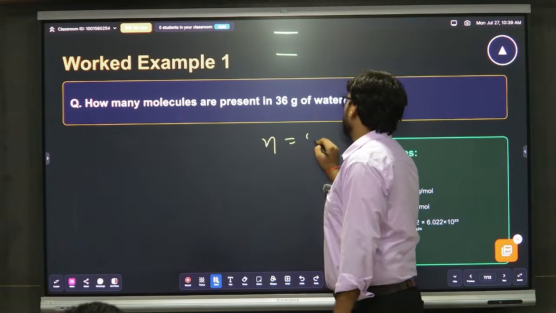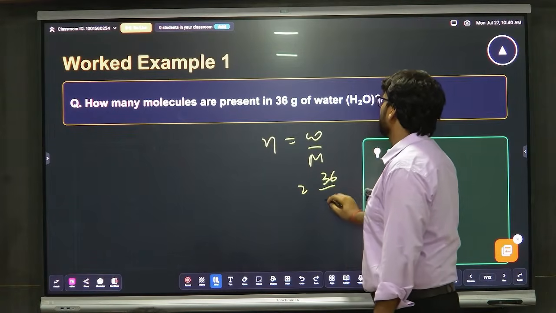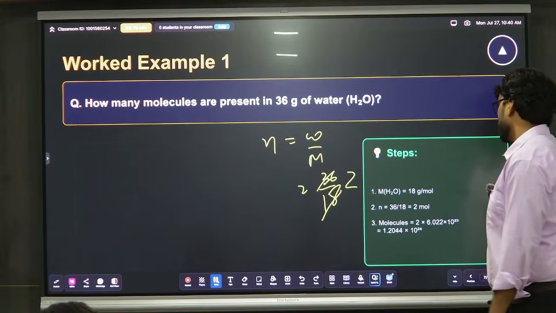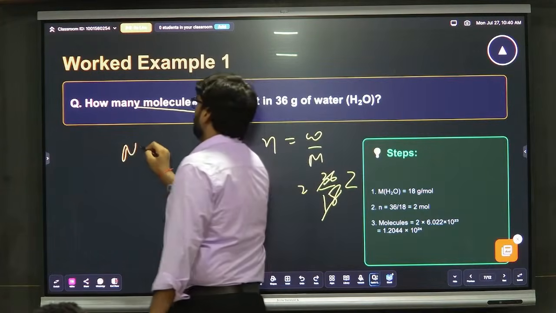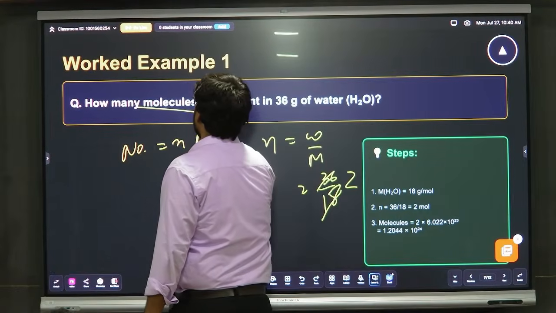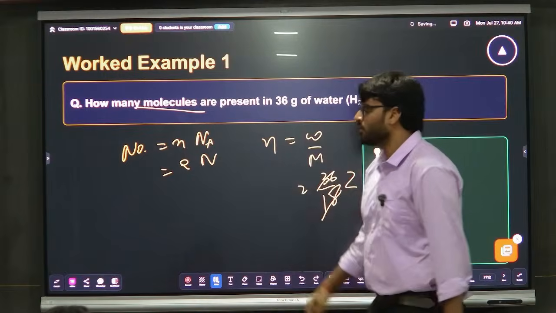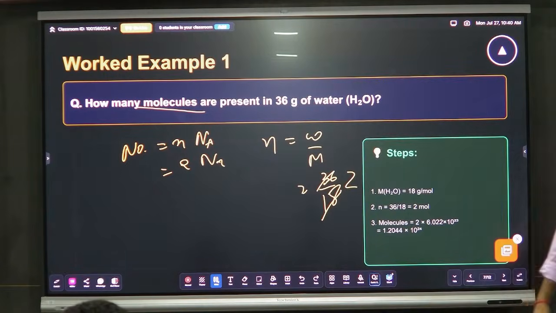Number of moles is given mass by molar mass. Given mass in this question is 36 grams and you know the molar mass is 18. Cancel it, you get 2. And they are asking number of molecules. So number is N into Na. N is 2. 2 multiplied by Na, you can do it: 2 into 6.022 into 10 power 23. Fine.